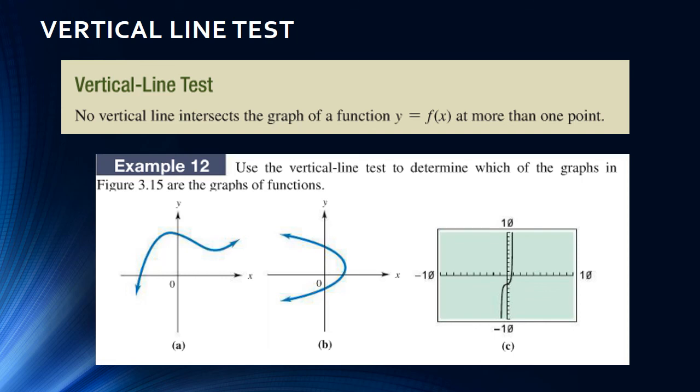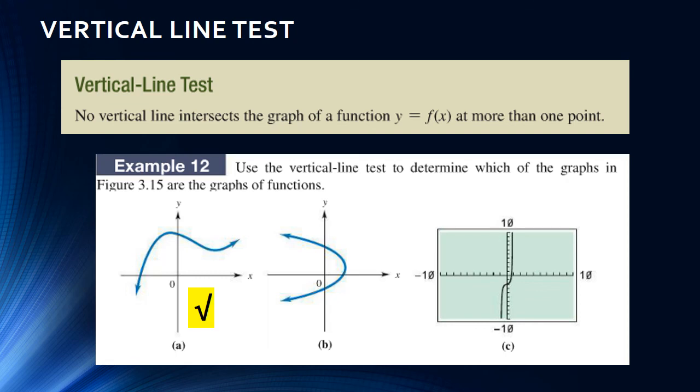All right, just a quick reminder again. Remember that the vertical line test tells us, when we can look at a graph, if an equation or a graph is for a function or not. If a vertical line goes through the graph and only touches at one point, like in the graph in A, no matter where I draw a vertical line, an up and down line, I'm only going to touch that graph at one point.